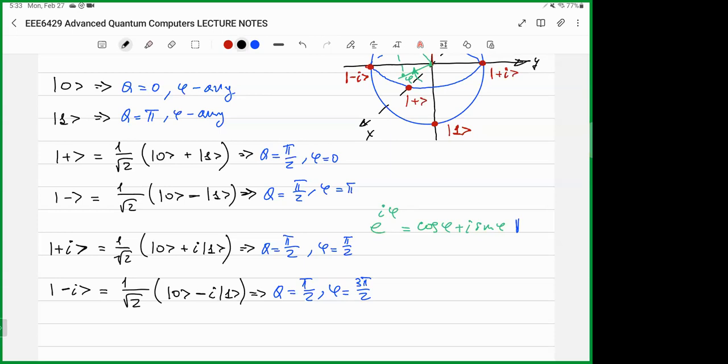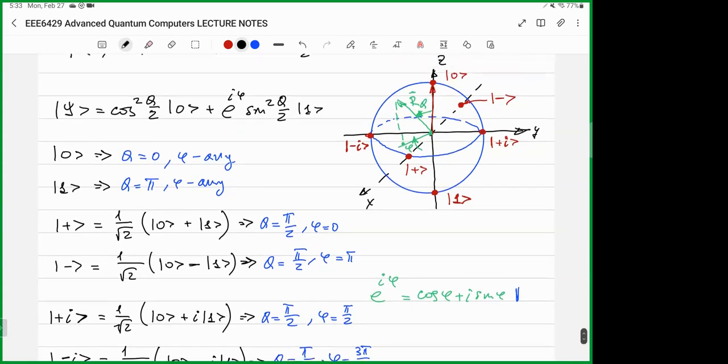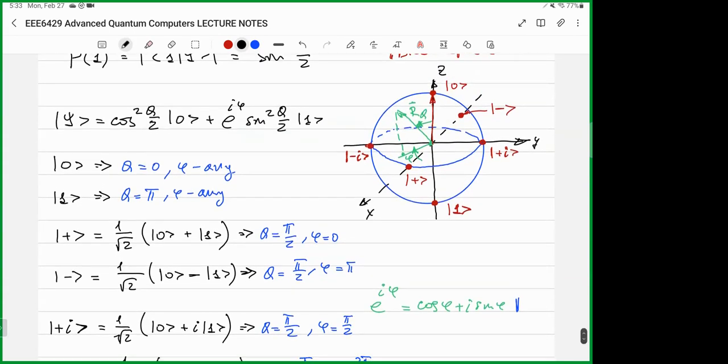So if I would represent them in the Hilbert space, I would draw orthogonal vectors. In fact, in this Bloch sphere representation, these orthogonal vectors are collinear, right?